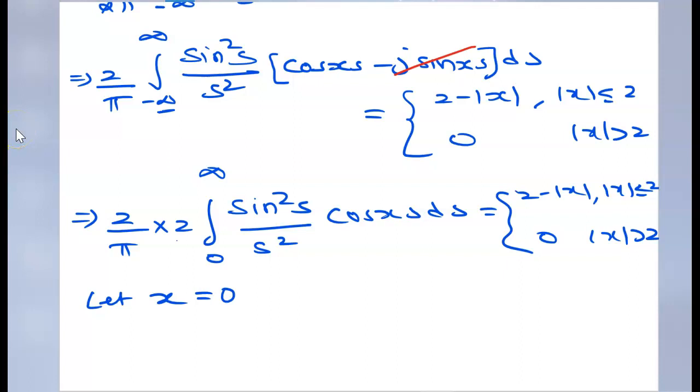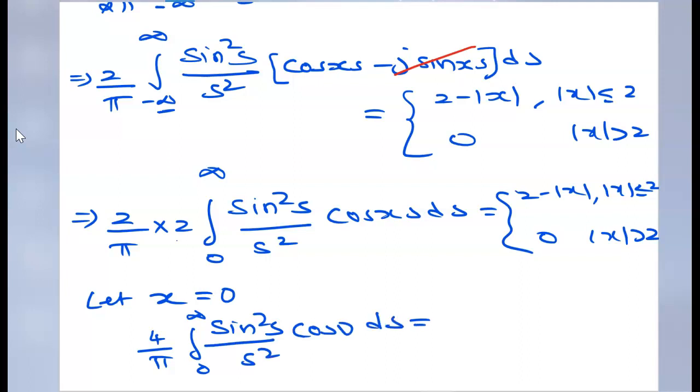When x equal to 0, what we get is 2 multiplied by 2, which is 4 by pi, integral over 0 to infinity, sine squared s divided by s squared cos 0 into ds. Why cos 0? Because x is substituted by 0 everywhere.